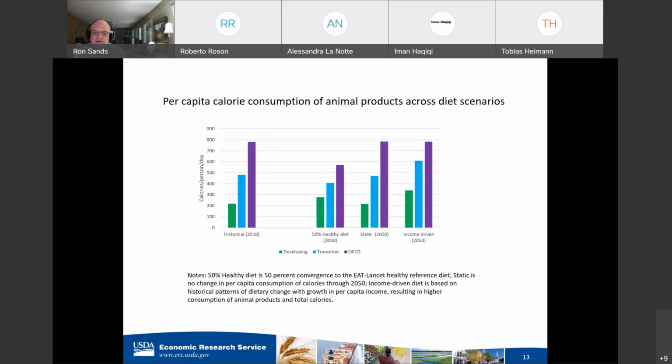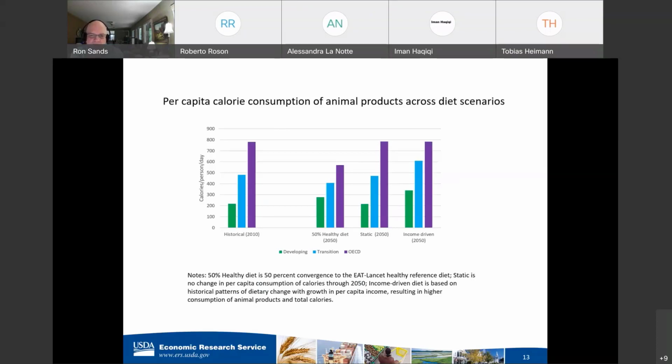So this here is modeling the food actually consumed by the demand system in the model. So the left is historical, and on the right there are three sets of columns. The middle set is actually the static, and that's where we turn off the price and income response for the static.